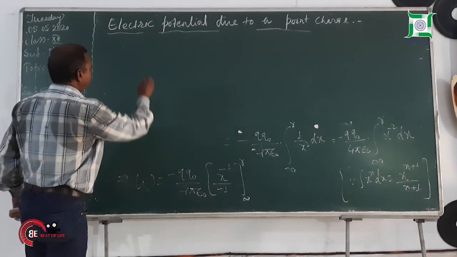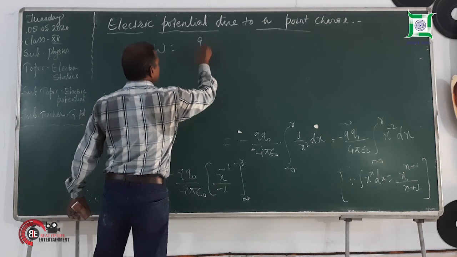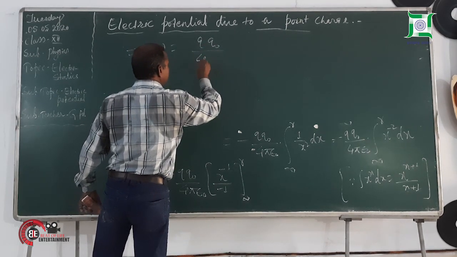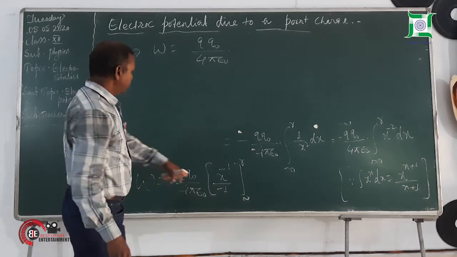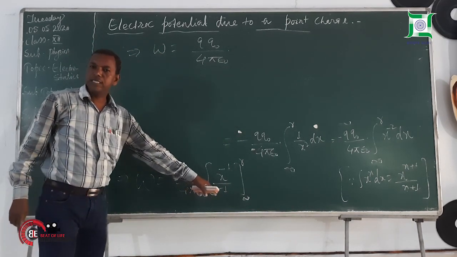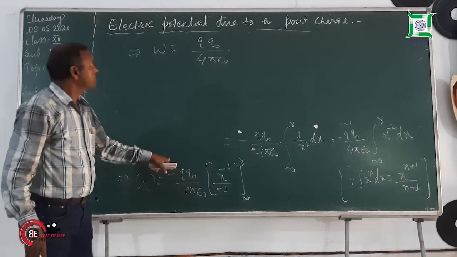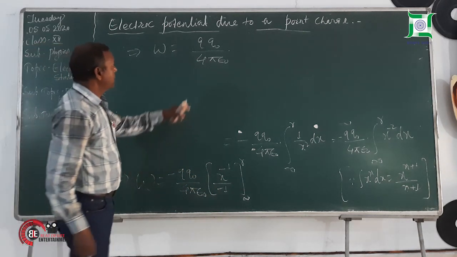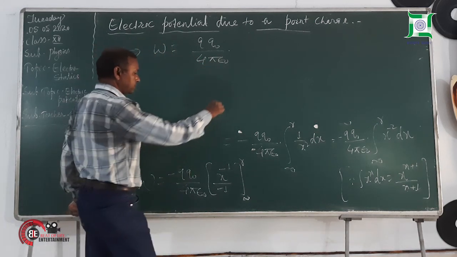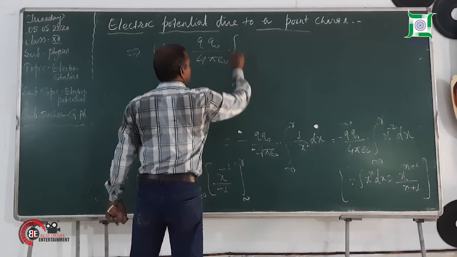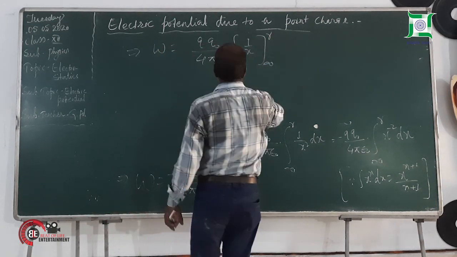This will become work done is equal to Q naught upon 4 pi epsilon naught. It will become positive, as minus and minus will become plus, and it will be equal to Q naught upon 4 pi epsilon naught into 1 upon x from infinity to r.